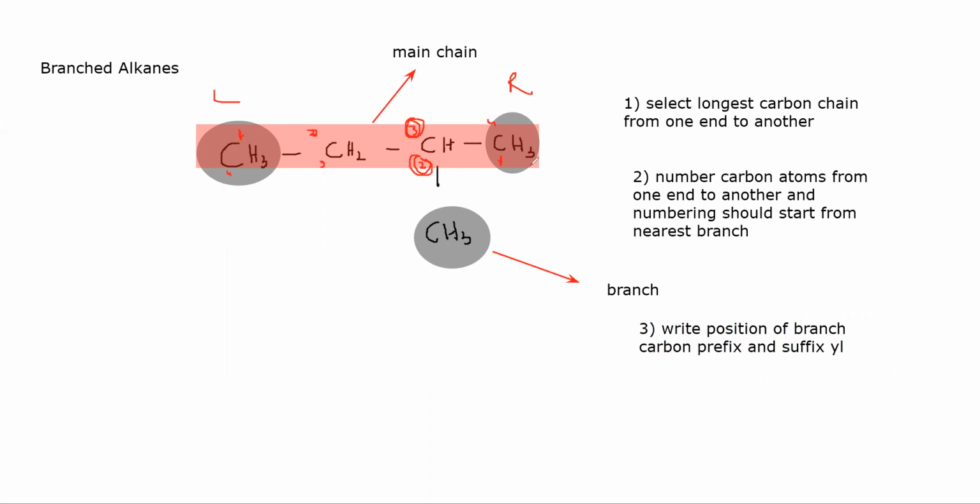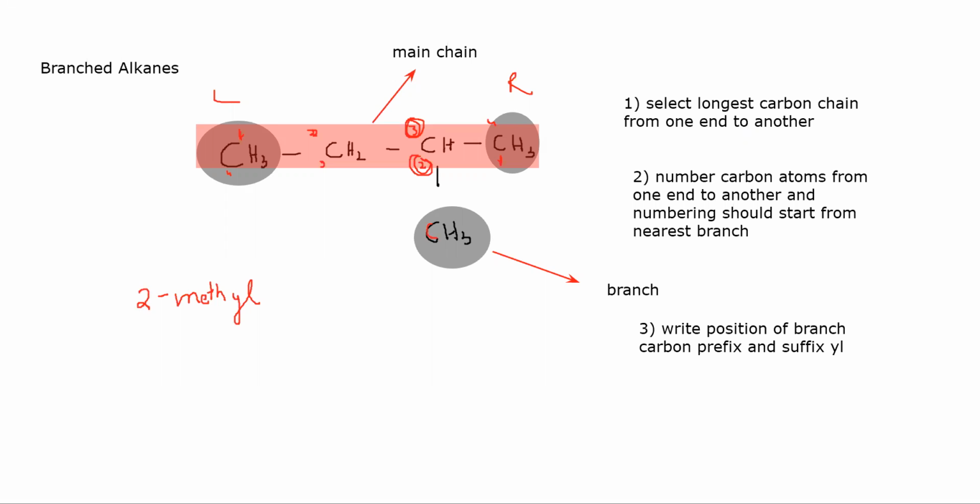So which position is the branch there? Second position is closer. So it's 2. How many carbon atoms are there in the branch? So 1 carbon atom. What is the prefix for 1 carbon atom? So it's meth. So it's 2 meth. But because it's a branch, the name should have YL. So it's 2 methyl.